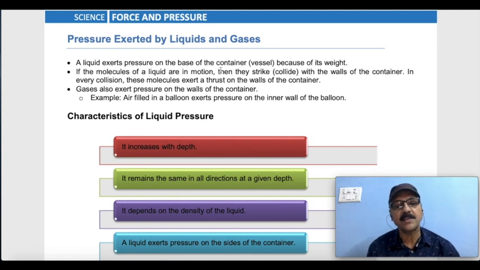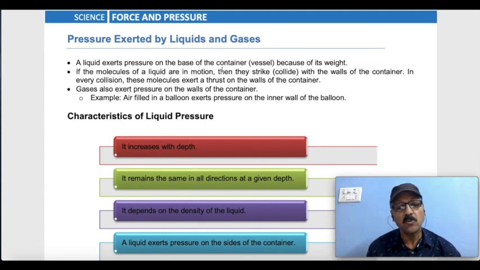Let us discuss one example here. There is an activity to show that liquid exerts the same pressure in all directions at a given depth. First, we take a plastic bottle and punch 3 holes in the bottle at the same height. Now pour some water into it and let it flow through these holes.